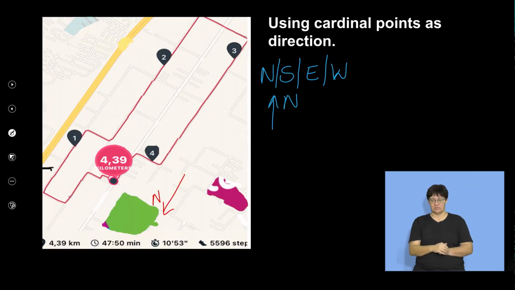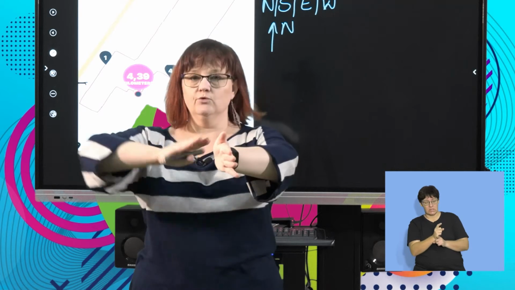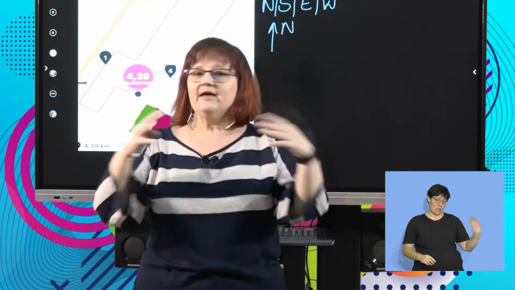It also means that, and this is what I wanted you to see, in the last diagram, I gave you down like this as being left. We also tend to go, I'm always looking north, which means right must be east, left must be west. That's also not true. You cannot make that assumption. I'm telling you that we're going to use the cardinal points, north, south, east, west.